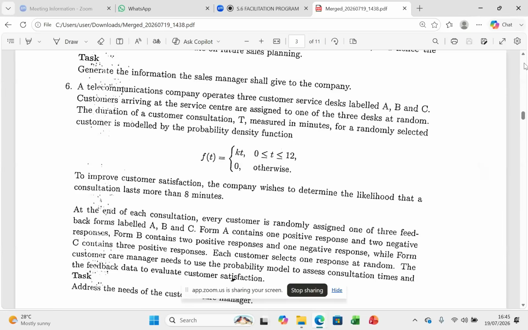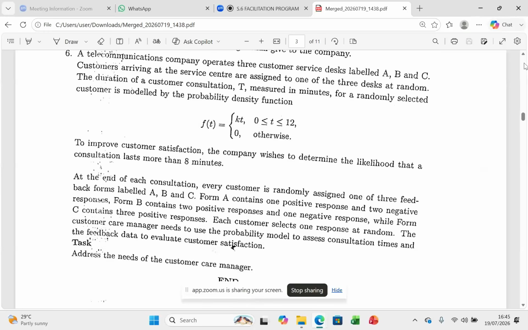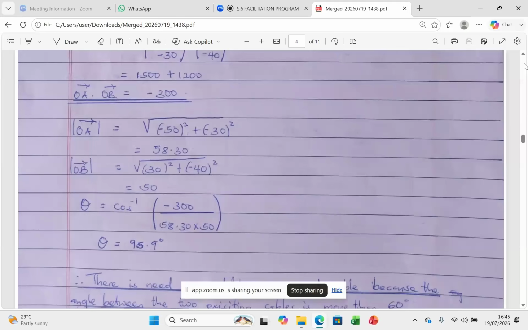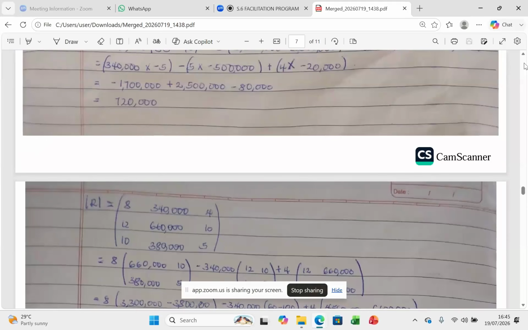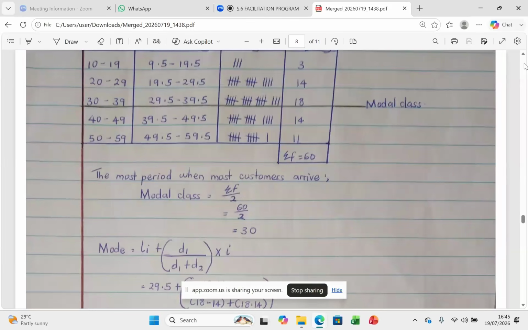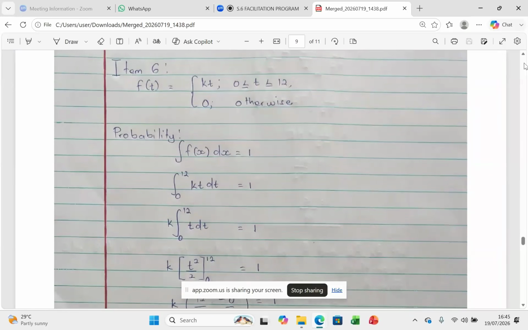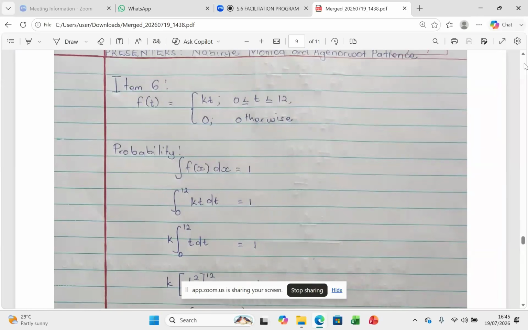To improve customer satisfaction, the company wishes to determine the likelihood that a consultation lasts more than 8 minutes. I'm going to first deal with that first part because that's where the concern is. In our solution, we have the defined.